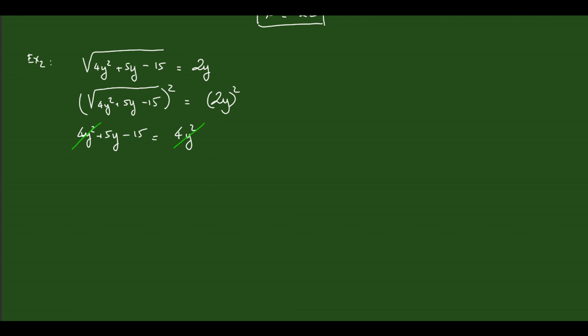What you have left is 5y minus 15 equal 0. So I add 15 to both sides, then divide both sides by 5. 15 divided by 5 you get 3, and this is your solution.